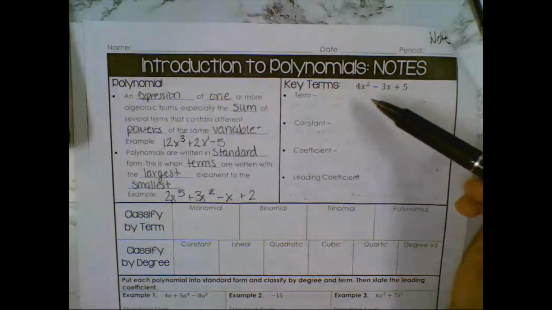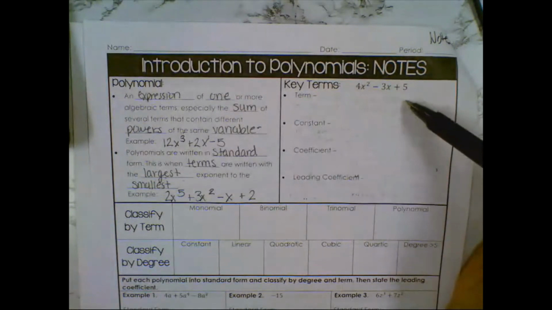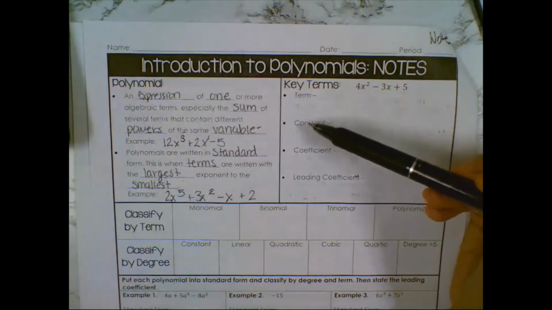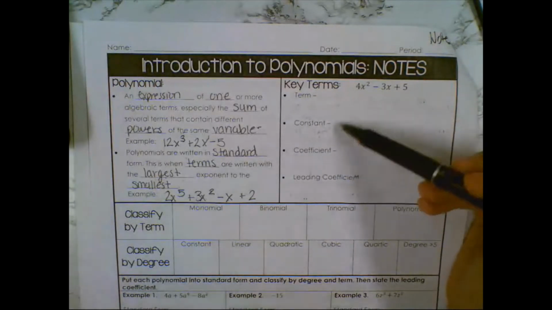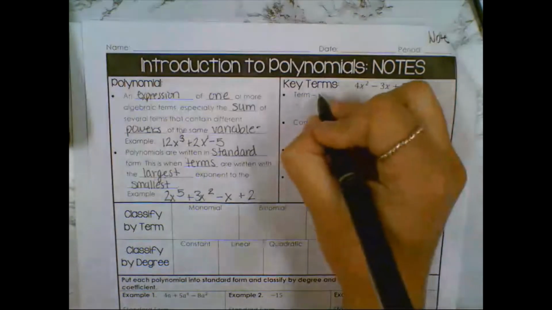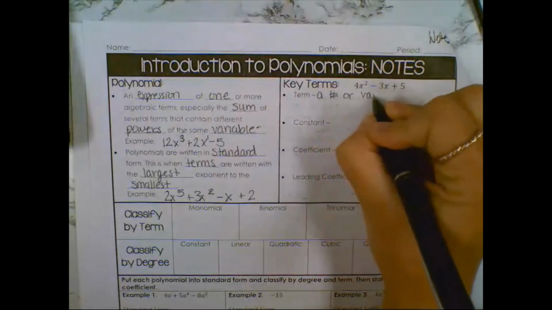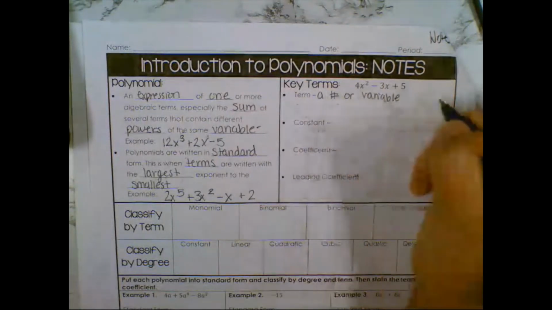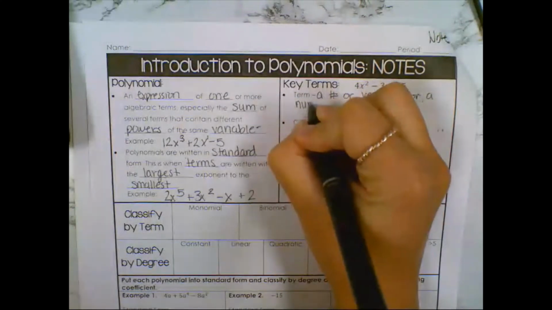Now, talking about the different characteristics or the different things that make up an expression, you've probably heard these before: term, constant, coefficient. So we're going to use this example to define them and kind of pull them out. So a term is a number or variable, or a number and a variable together.